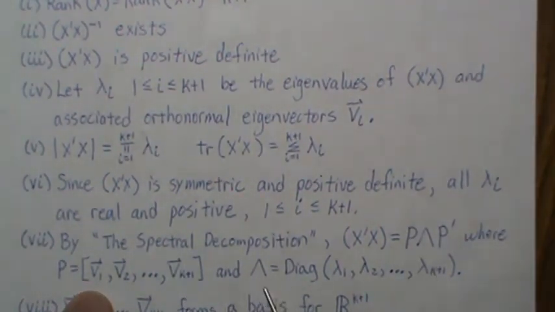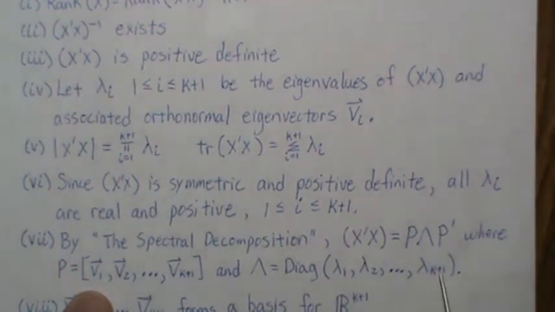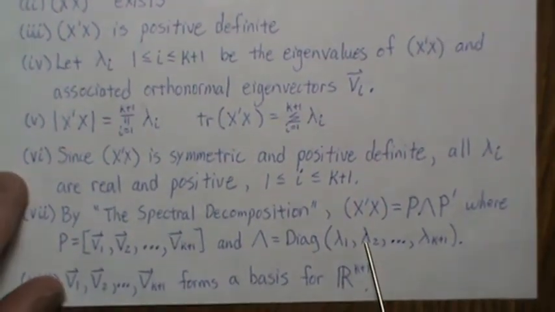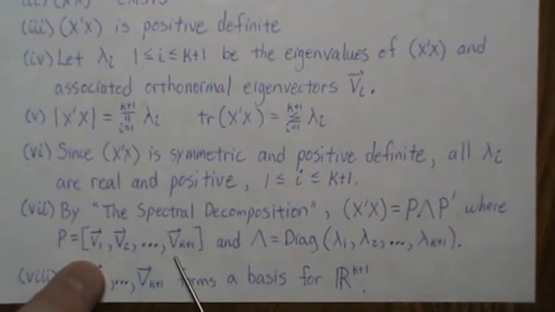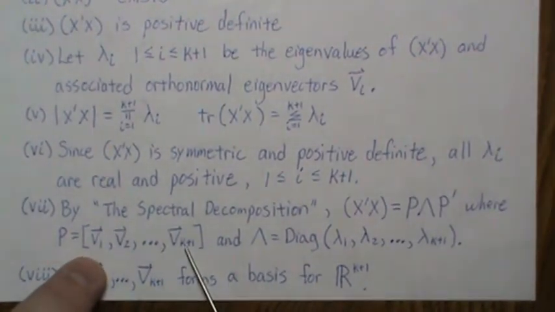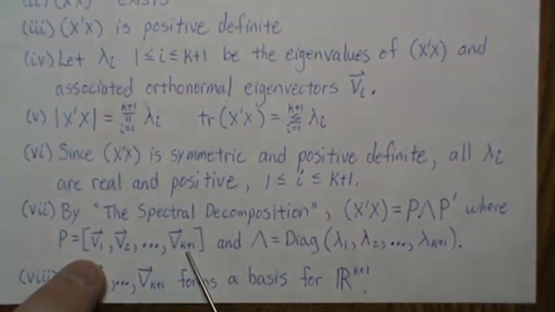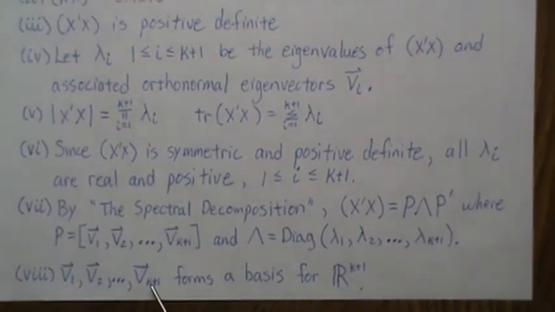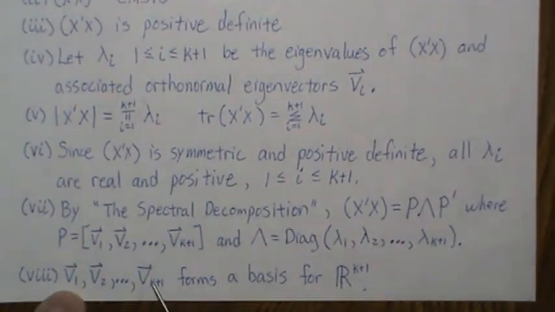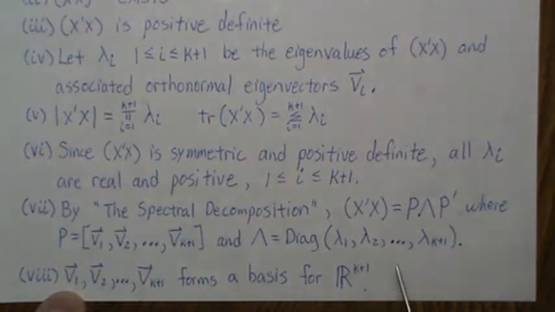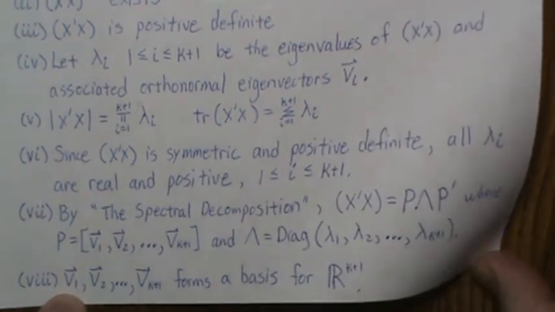And lambda is a diagonal matrix of the eigenvalues. Now since the orthonormal eigenvectors are independent, they span k plus 1 space. So these orthonormal eigenvectors actually form a basis for k plus 1 space.